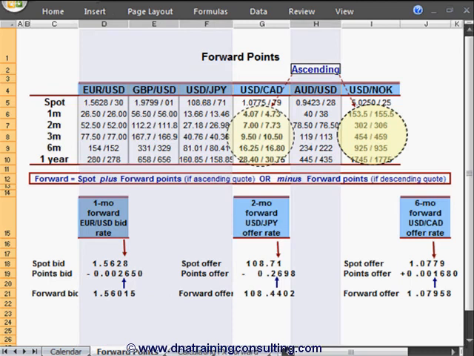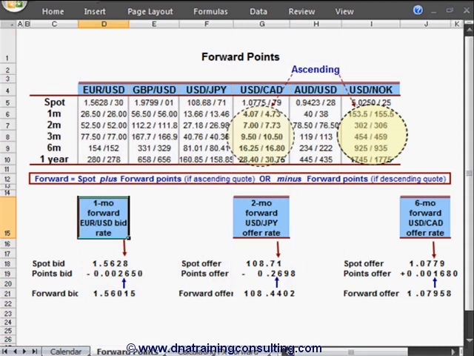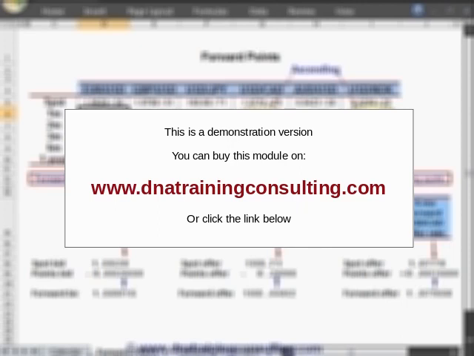We now calculate the 1 month forward bid rate for euro dollar. Because the 1 month forward point quote of 26.50-26 is in descending order, we must therefore subtract the 1 month forward point bid rate from the spot euro dollar bid rate.